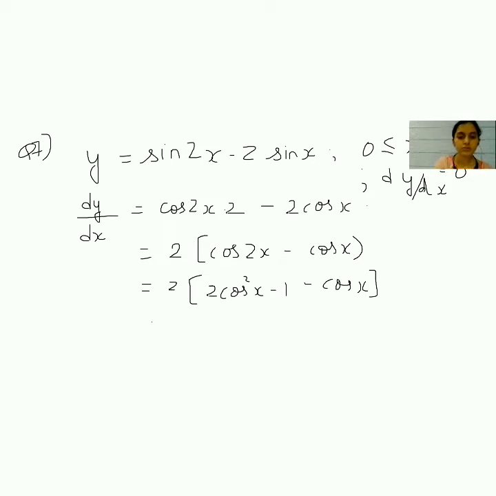Okay, so we have 4 cos square x minus 2 cos x. So we can arrange this in a quadratic form. So we'll have 4 cos square x minus 2 cos x minus 2. Now they've given us dy by dx as 0.